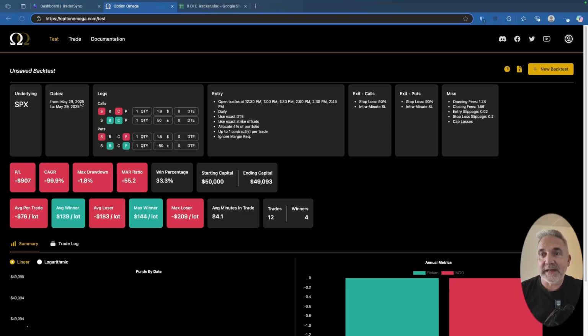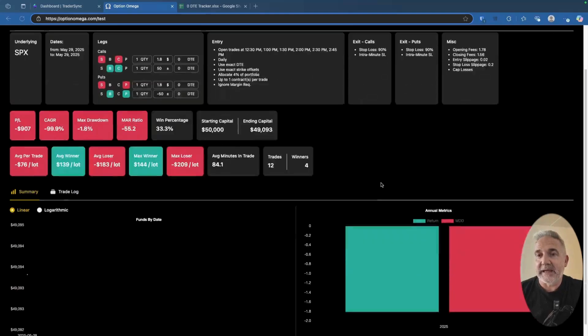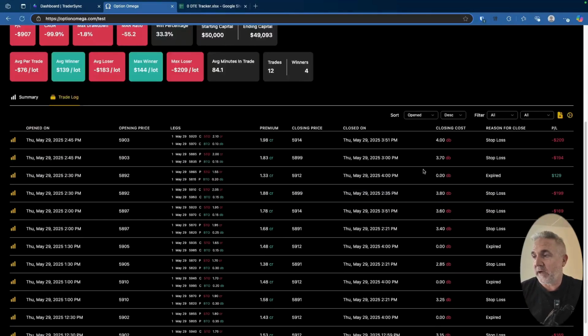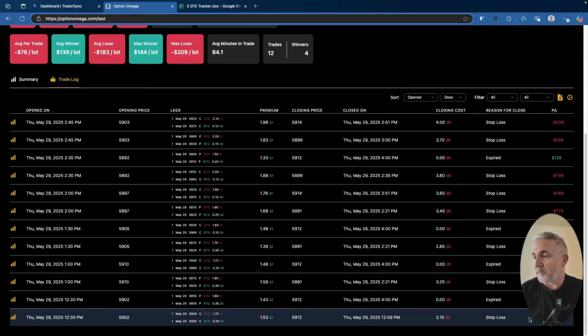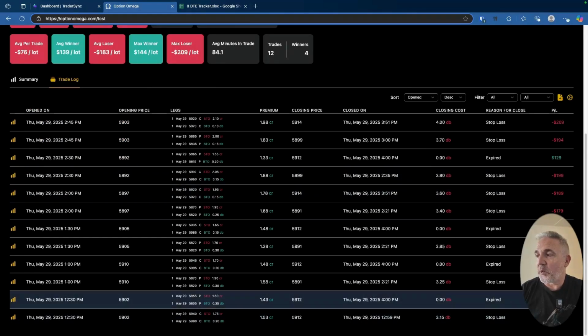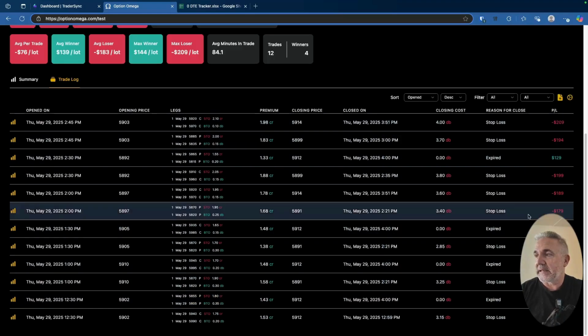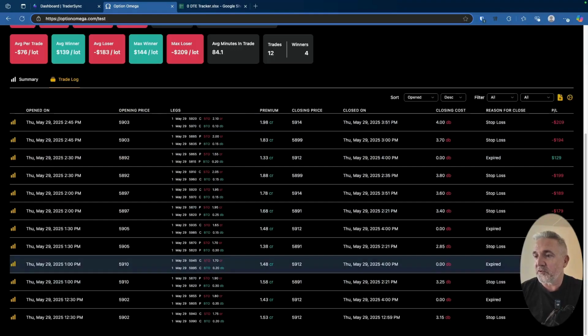I put in a date of just the 29th, and as you can see here, it was the right call because, at least as far as what the backtest shows, we would have ended up with a loss. If we take a look at the trade log here, on that particular day we would have only had a profit on 4 of the tranches, and the other 8 would have been losers.